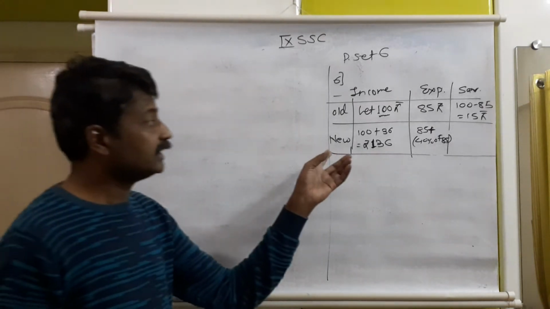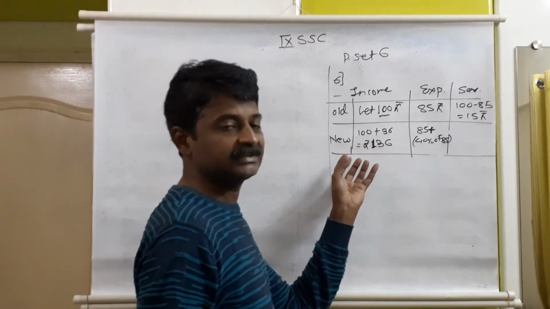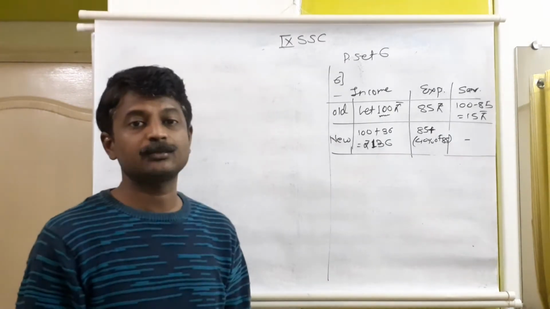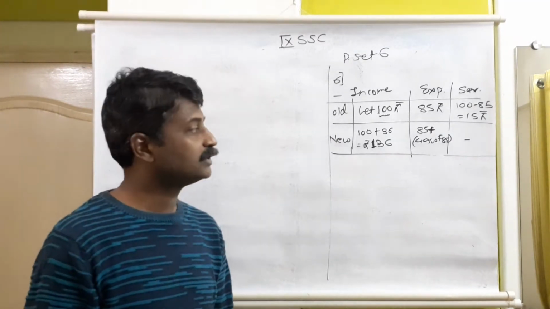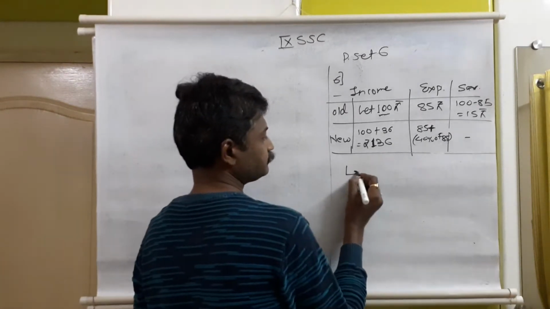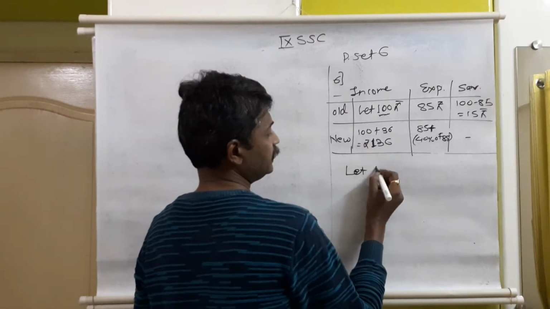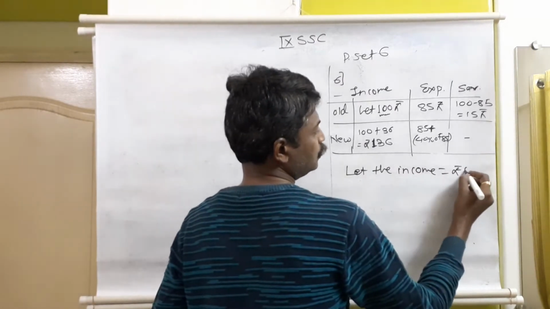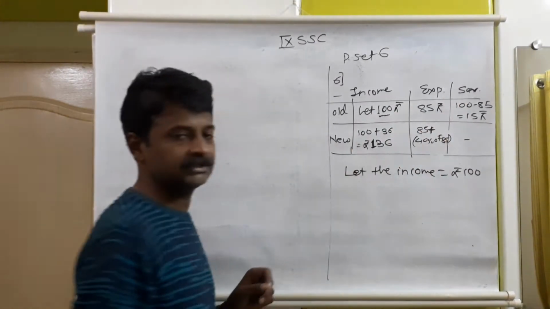When the income is increased, what will be the new saving? It will come here, and after that we can find the percentage saving, because we are asked to find the percentage saving. For that, first we consider the income as rupees 100. Based on that the table is formed.